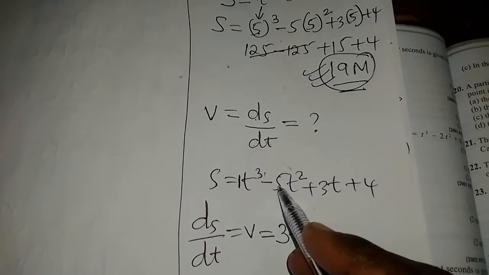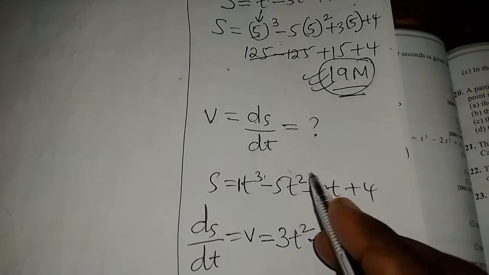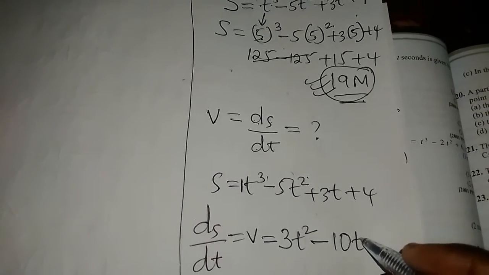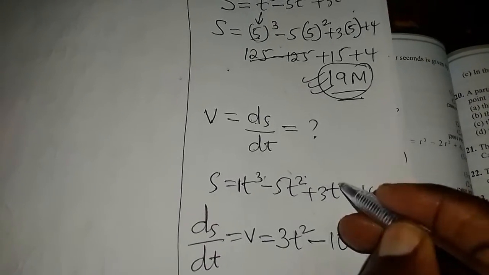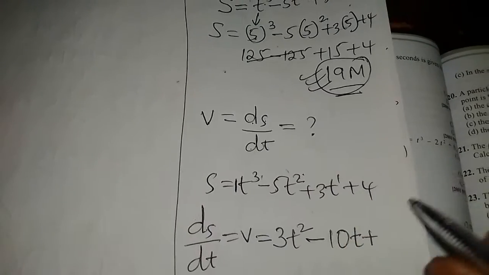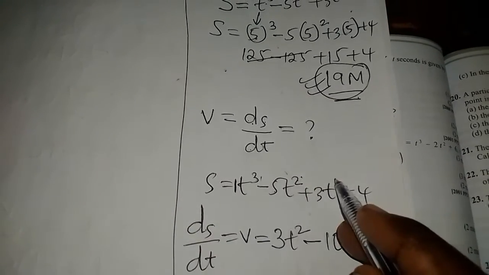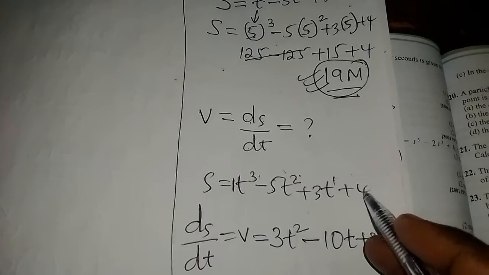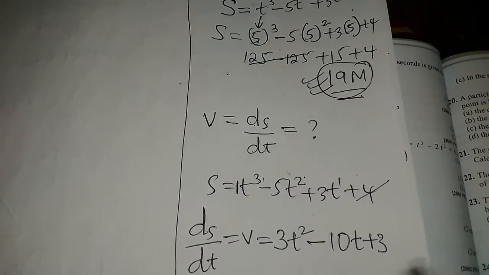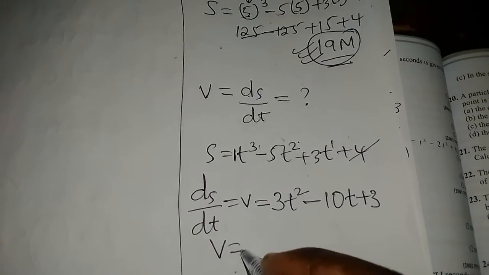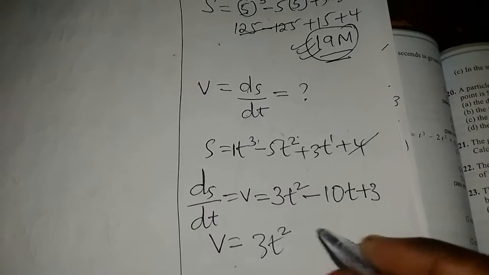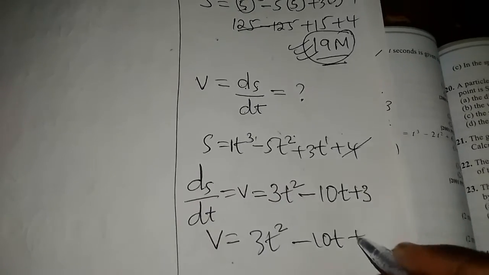Minus 2 times 5, that is 10, reduce the power by 1, so t. Then plus 3 times 1, that is 3, and the power reduces to 0. Then the constant gets dropped. So the equation for velocity is 3t squared minus 10t plus 3.